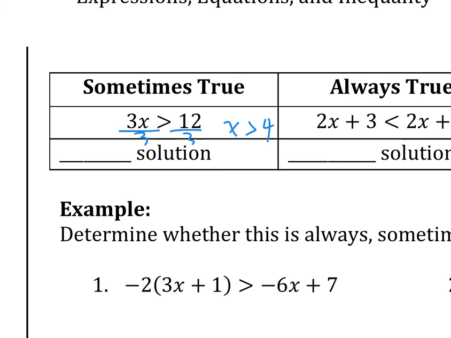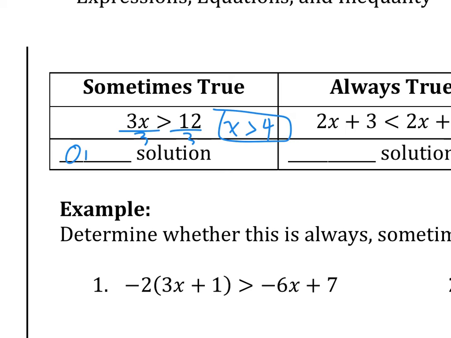X is greater than 4, so when is it true? Only when x is greater than 4. Meaning, if I make x 5, it will work. If I make x 0, it will not work, right? If I put in 0 in here, I get 0 greater than 12. Is that true? No. So it only works when this happens.